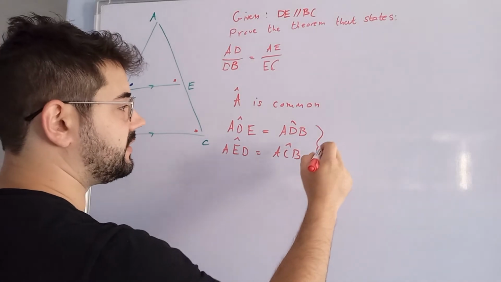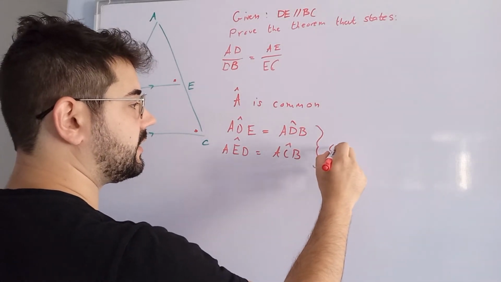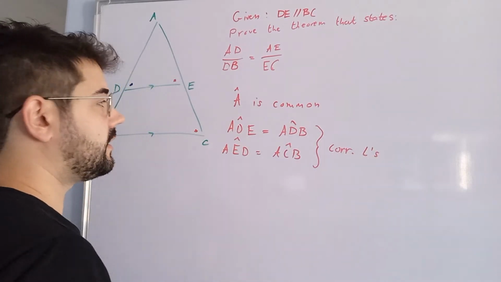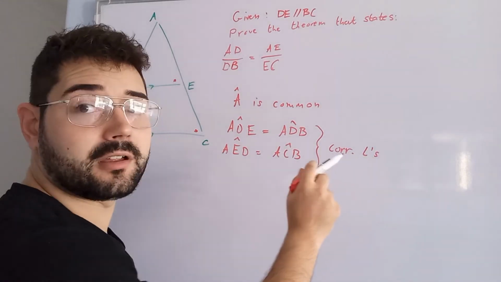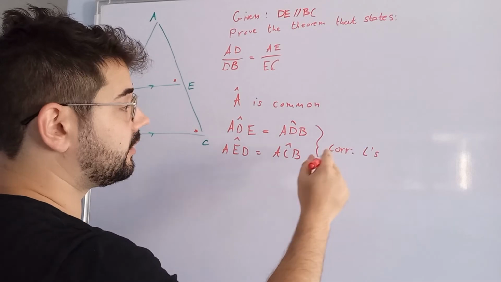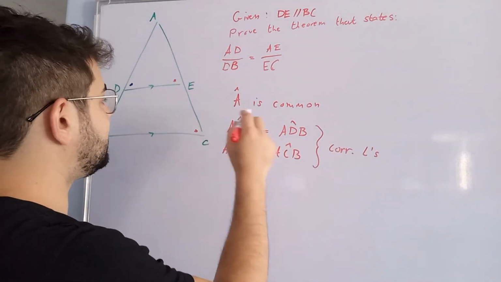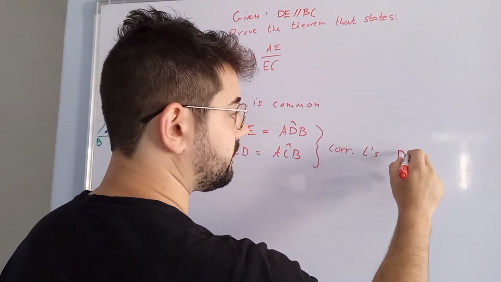The reason for both of these is corresponding angles. And don't forget to mention your parallel lines when you get something like this, one of those basic grade 10 things. This is because DE is parallel to BC.